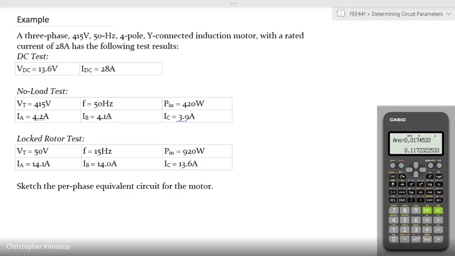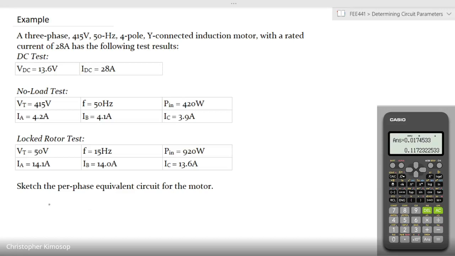So you will tend to have a much lower voltage and a much lower frequency applied so that you don't exceed the limit we're talking about, 28 amps. In order to do that, you will see lower currents. Okay, so let's get straight into it.